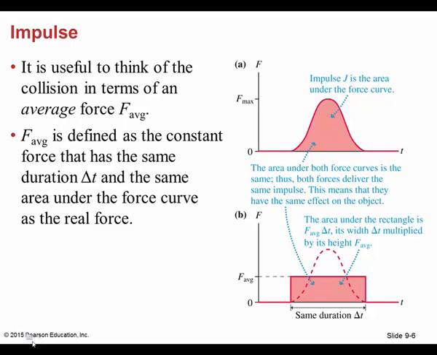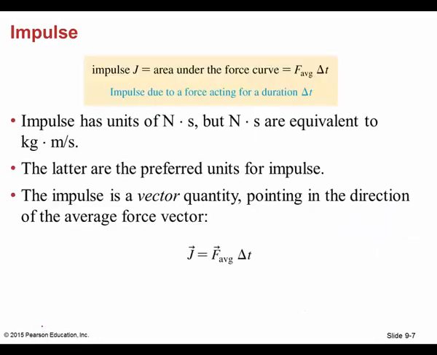That's what it's called. The impulse is called, the symbol is J. Okay, now, the best way to look at your forces involved is to look at what we call the average force, okay? And of course, that's the constant force that has the same duration, delta T, and the same area under the force curve as the real force. So typically when we define impulse, this is how we do it mathematically, okay?